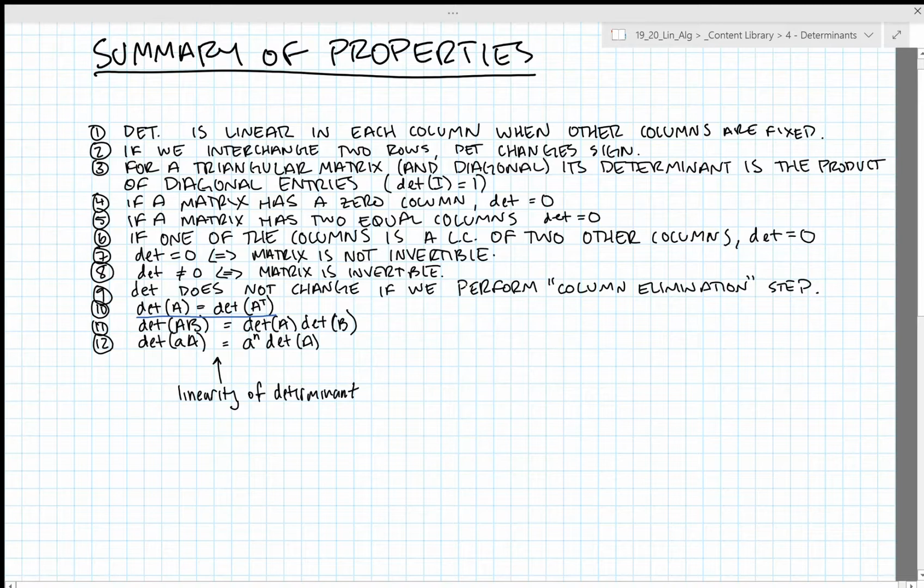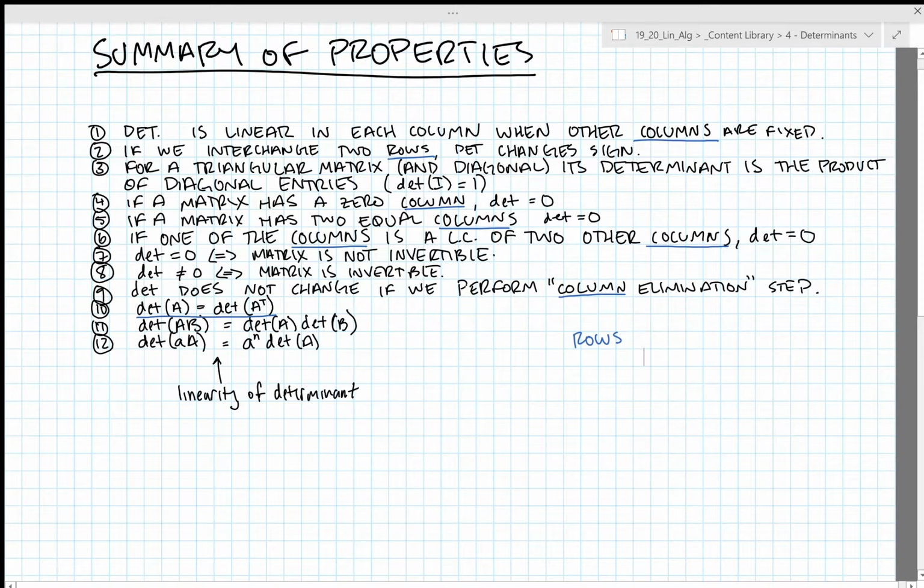Because the determinant of A and the determinant of A transpose are the same, there's a similarity between column operations and row operations. So everywhere we have the word column written, we could have written rows.